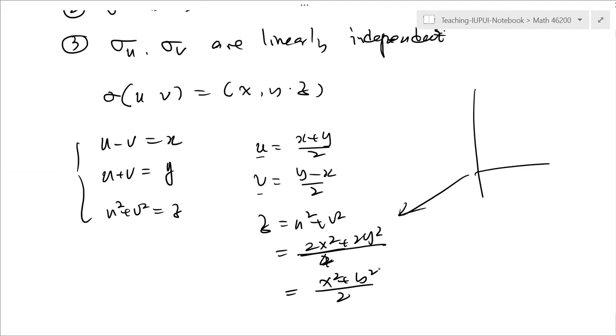So these are not arbitrary, it's kind of a parabola.